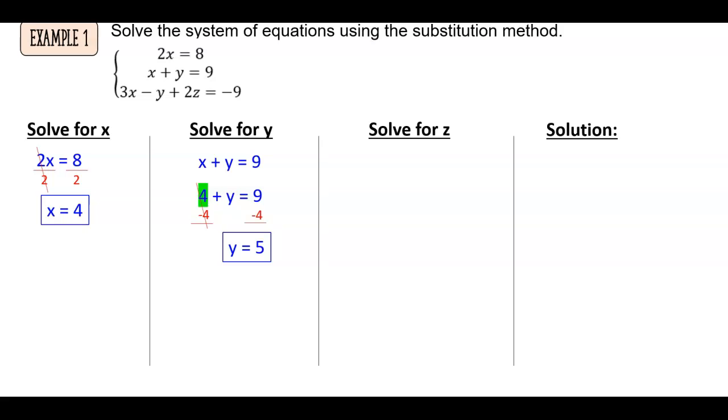Cool. Now, if you know 2 variables, then you can use that 3 variable equation and plug in the 2 that you know. So, in your third column, you can write your 3 variable equation under solve for z. Go ahead and write 3x minus y plus 2z equals negative 9.